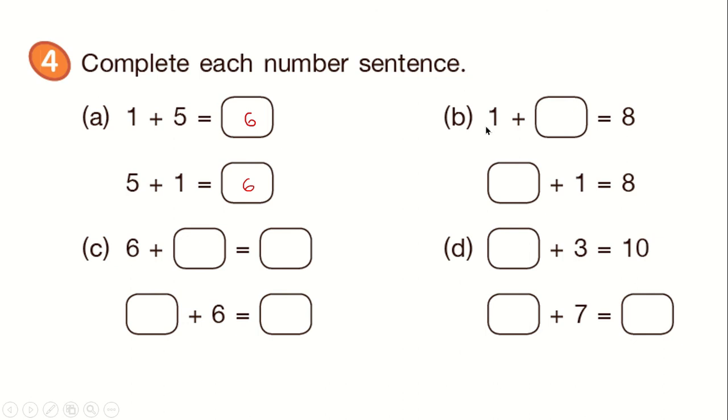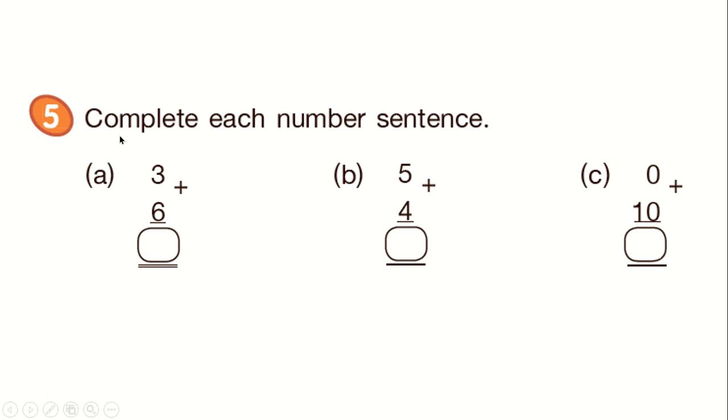So part B, what do you think? 1 plus a number equals 8. What number should this be? Oh yes, that number is 7. 1 plus 7 equals 8. Now to make it commutative property, we bring here 7. 7 plus 1 equals 8. Now I want you to answer part C and part D. Number 5.